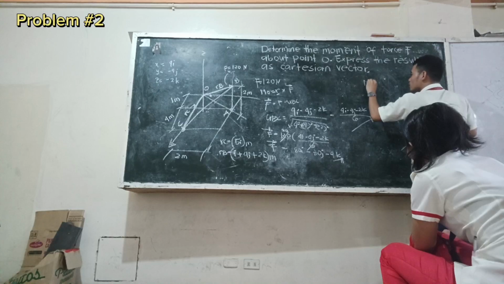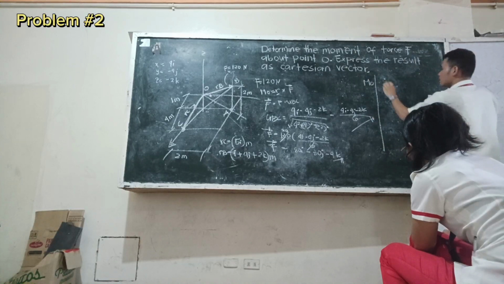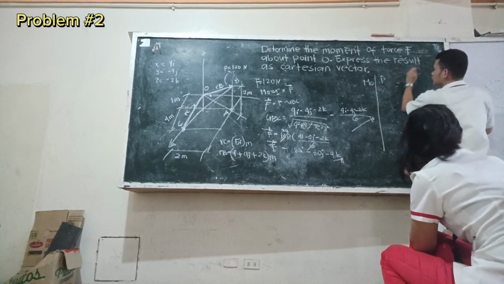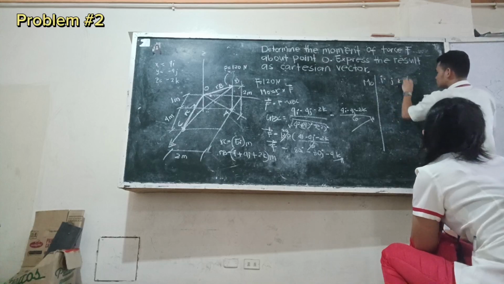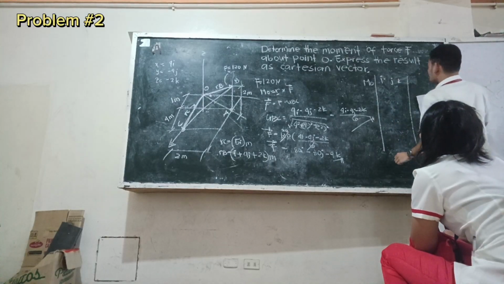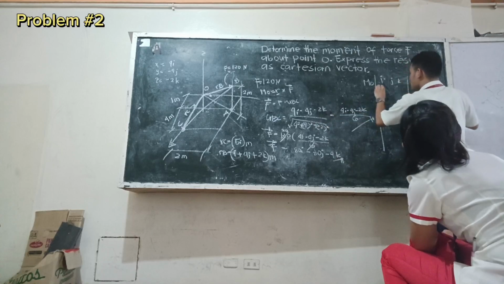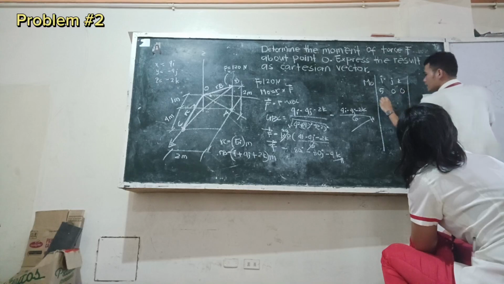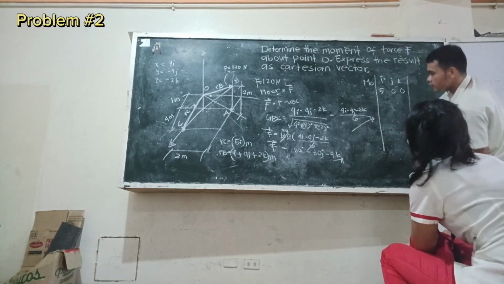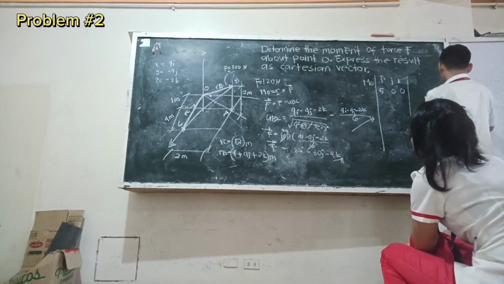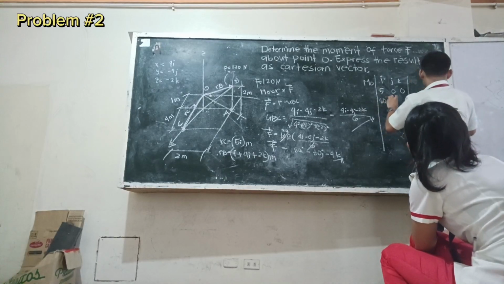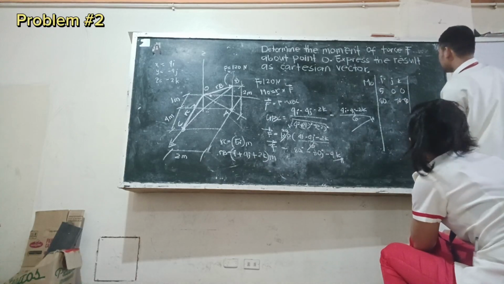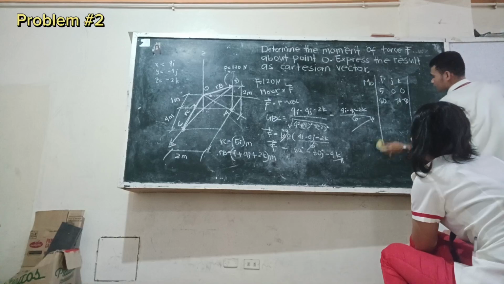The moment O is equal to the determinant of i, j, k; for the first row we have 5, 0, 0, and for the second row we have 80, negative 80, negative 40.